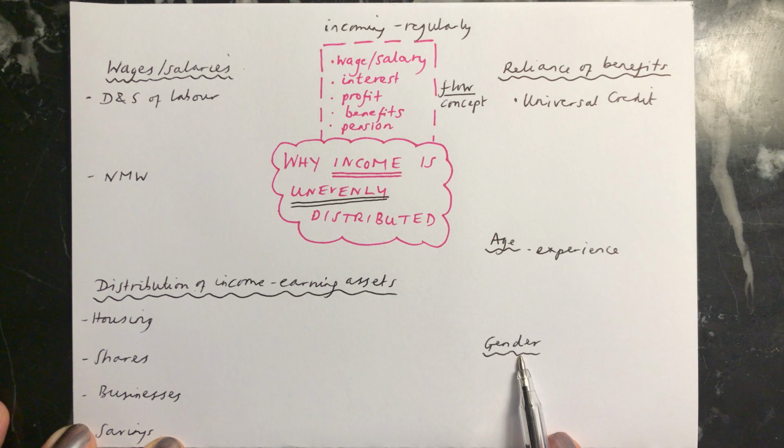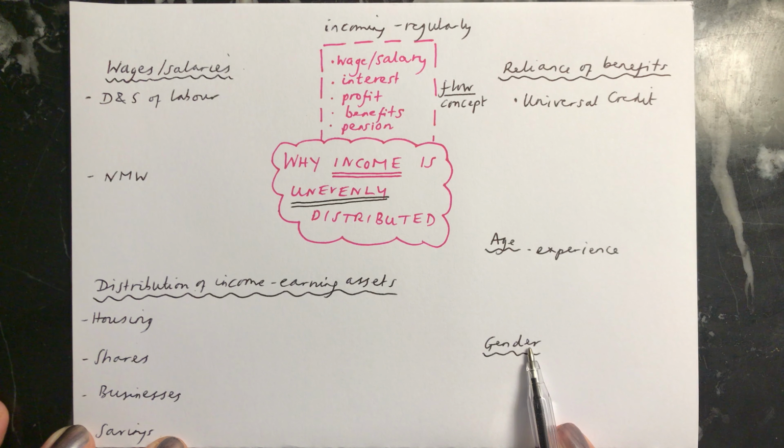Another one is gender. Some people are paid less than other people because of their gender. So very often you read about, for instance, in television broadcasting, women are often paid a lot less than men for presenting TV programs. And this, again, is an inequality that exists in society. It's not always illegal because it can be argued that it's for certain reasons that the woman is being paid less than the man.